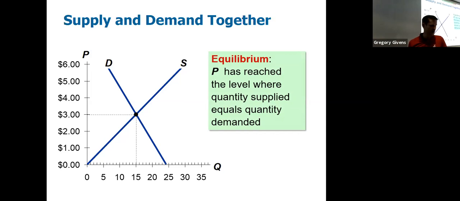We call this the equilibrium price because at this particular price, the wants of buyers exactly balance the wants of sellers. To be more specific about that, the preferences of the marginal buyer here are exactly balanced by the preferences of the marginal seller of this good. And that occurs right here at this intersection point.